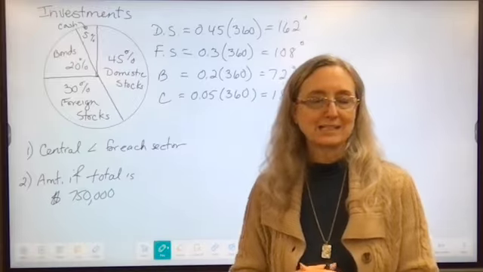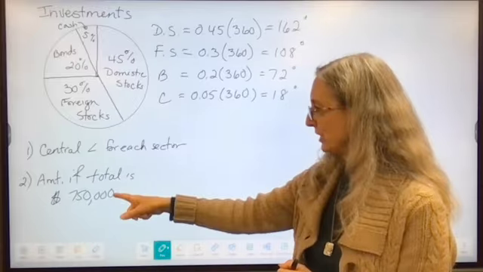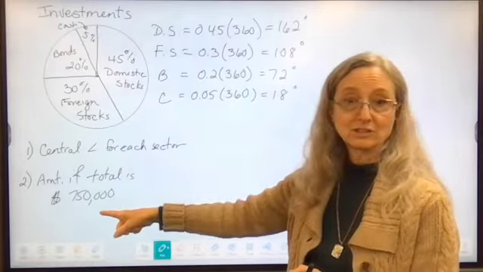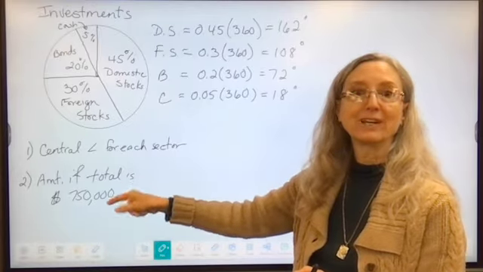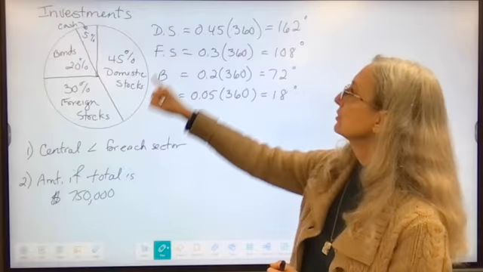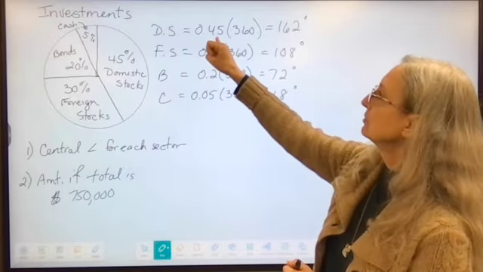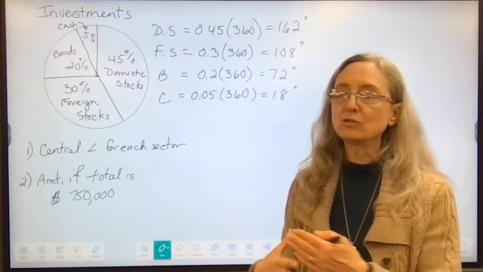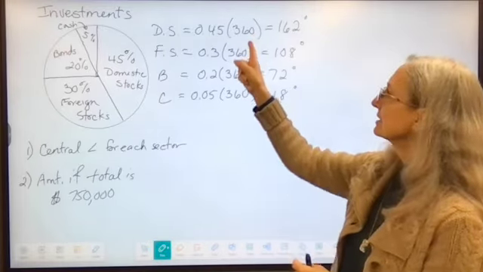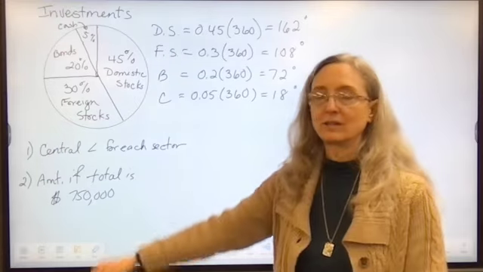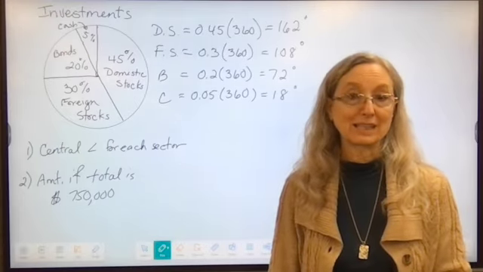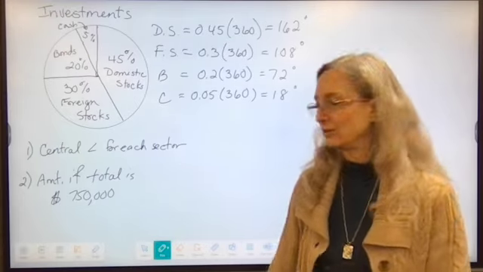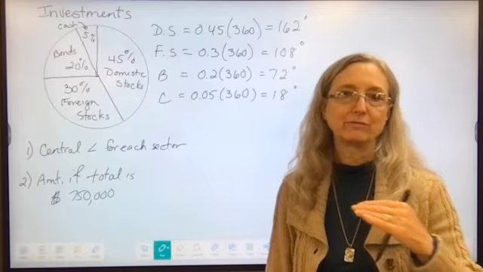We do the exact same thing with the total of each category of money. So for the total number of domestic stocks, you would multiply 0.45 times 750,000. You do the same process. It's just instead of 360, it'll be $750,000. That's how you answer that, and you will have 4 different amounts.